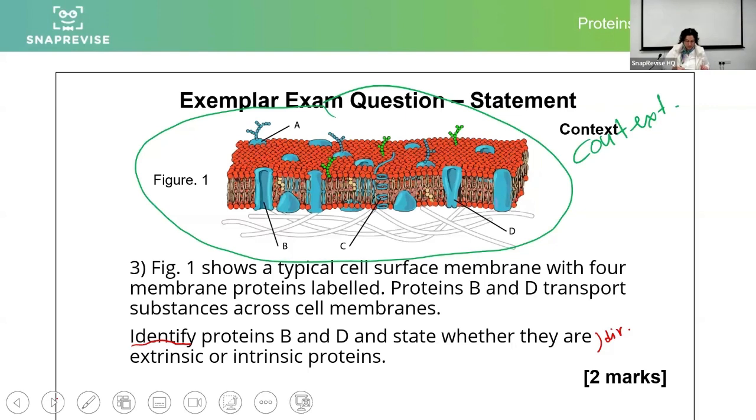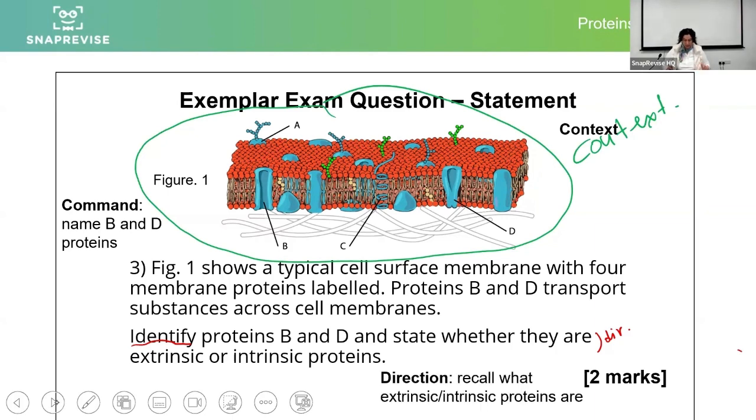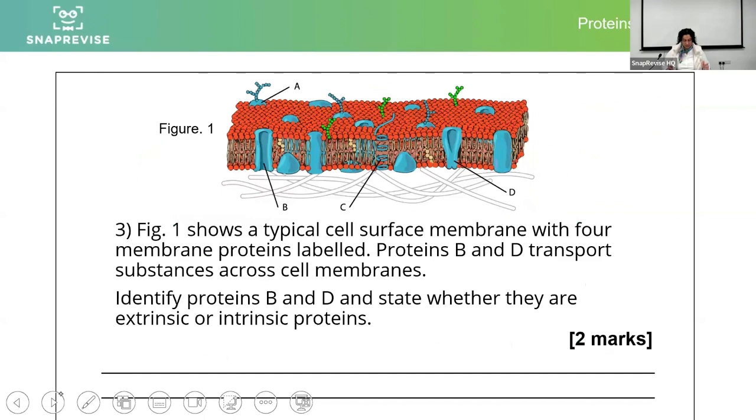So first of all, I'm looking at their structure. I'm looking at B. I'm looking at D. I can see that they span the entire membrane. So my answer is going to be, I can just start my answer by identifying them actually.